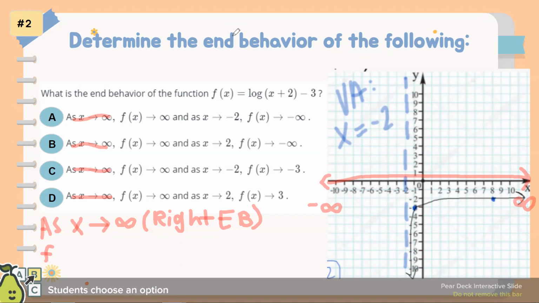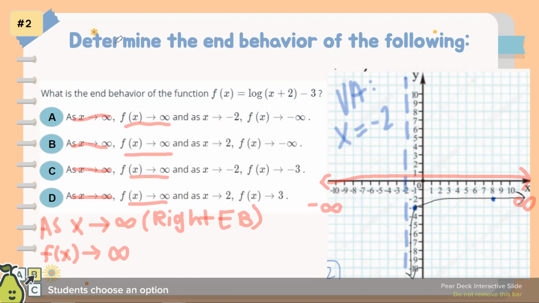And we want to know, where do the y values go? That's what the next statement is. We have to determine if it's going to positive infinity. Well, it looks like there's really no other option. X is approaching positive infinity in all of these.